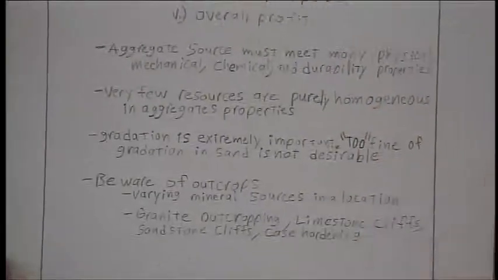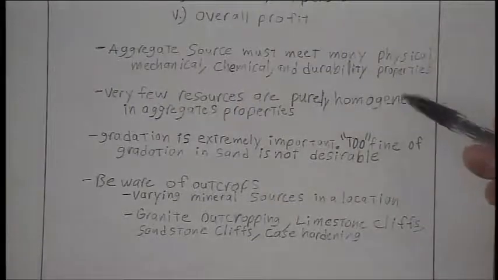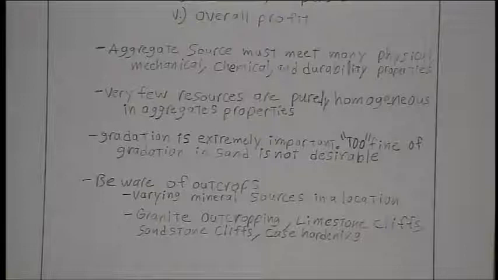And it's real important to understand very few sources are actually pure and homogeneous, so they're not all a constant material property. Even with one source, I've tested the specific gravity, and it will differ slightly. The absorption will differ slightly, and it's not necessarily because of my testing.